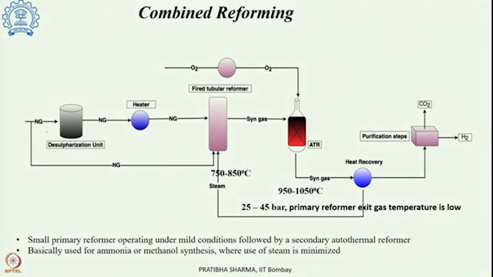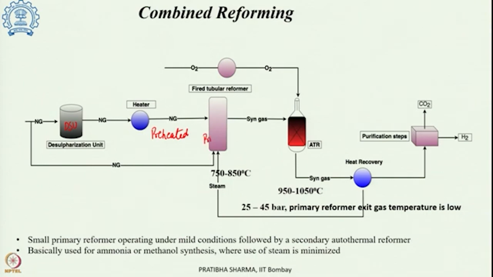Natural gas is pre-treated in the desulfurization unit. After removal of the sulfur containing contents, it is preheated and along with the steam it is passed into the primary reformer.